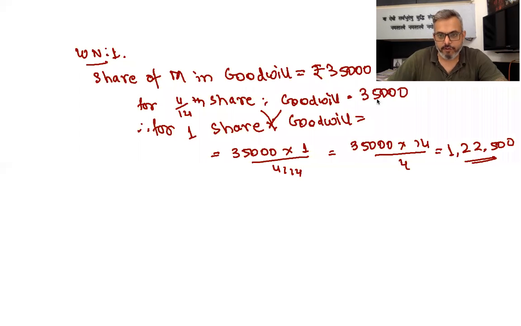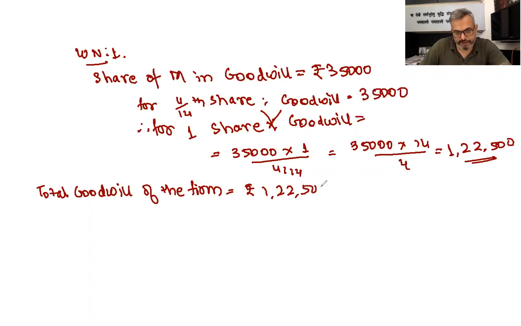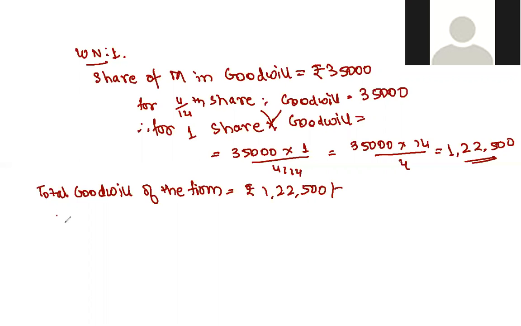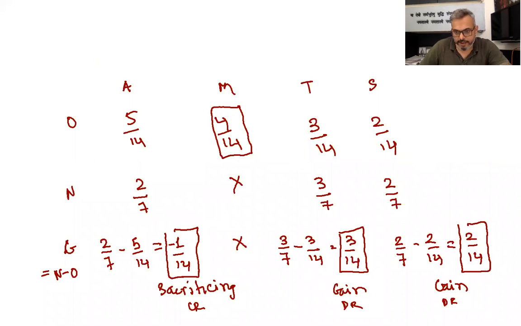So I write over here total goodwill of the firm, 1,22,500. Now we find out share of A first, which is equal to 1,22,500 into A का शेयर कितना था, minus 1/14.